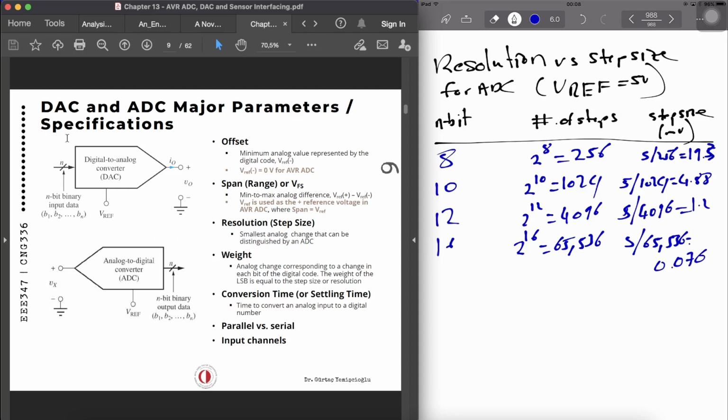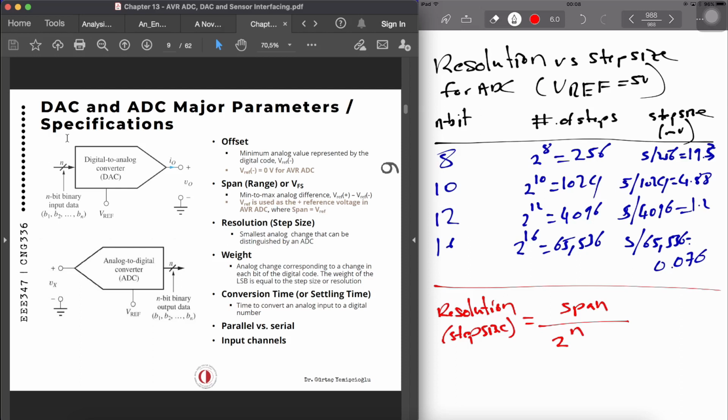So the resolution is actually showing the accuracy of the conversion between analog and digital signals. And the general formula for that, which you need to know: the resolution, or step size, is equal to span over 2 to the power n, where n is the number of bits.